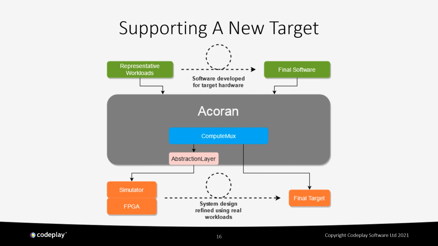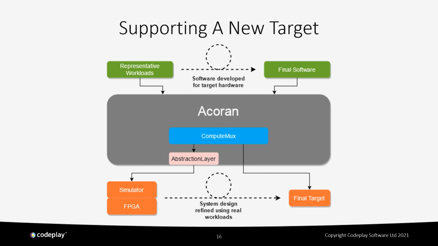So the focus here is on the speed of bringing up that new target rather than the speed of the implementation itself. By shifting focus in this way in the early stages, we can iterate on a system design much, much faster. So this lets the system designers modify and change the design, all while running real-world OpenCL programs and representative workloads for that final system.